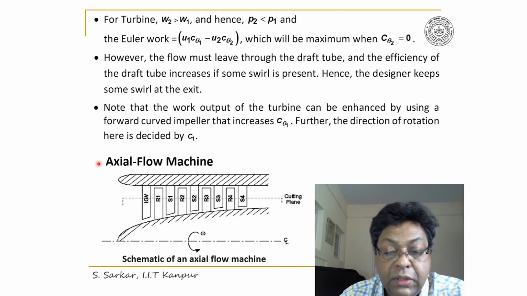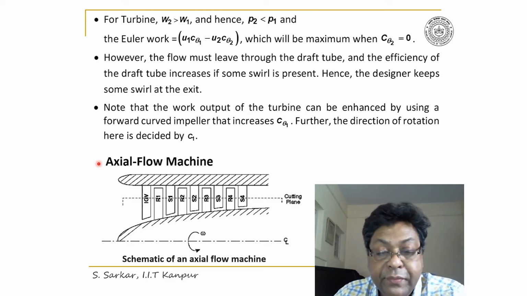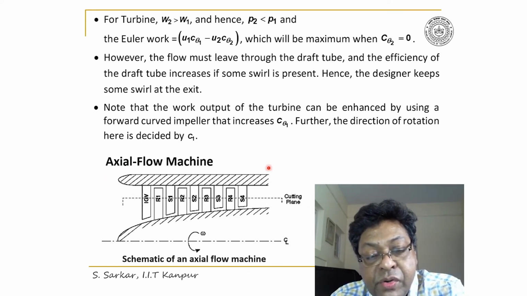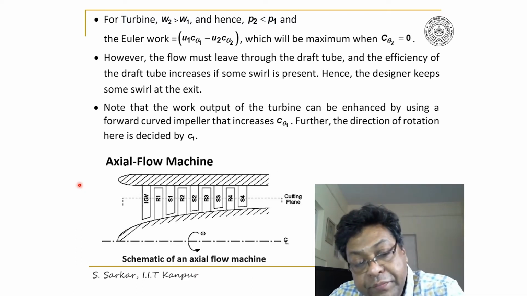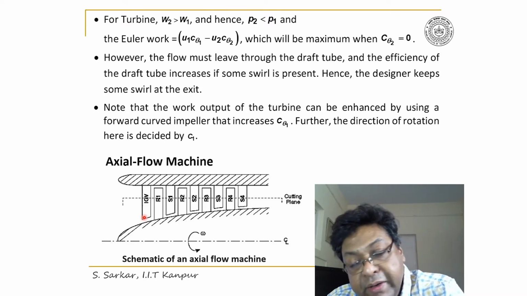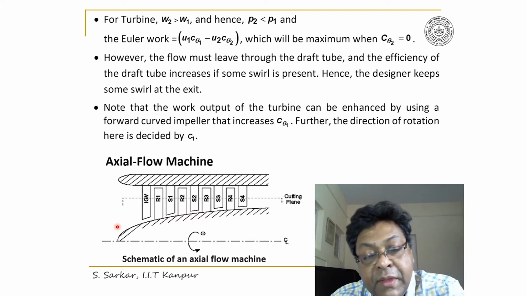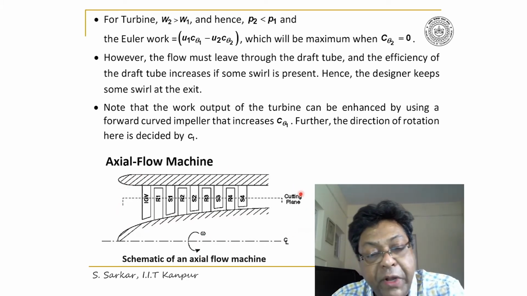Now I'll go to the axial flow machines. I have shown you a sketch of an axial flow machine, indicating several stages, and as I have drawn the picture, this is an axial flow compressor.